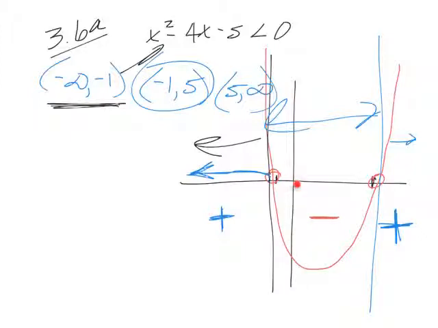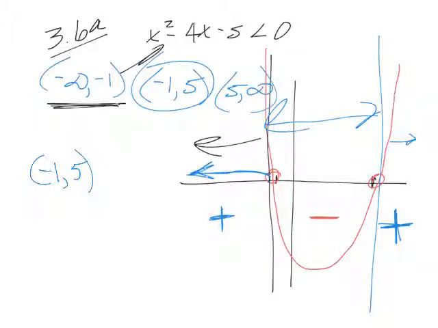So my solution set would be between negative 1 and positive 5, my y value is going to be less than 0.